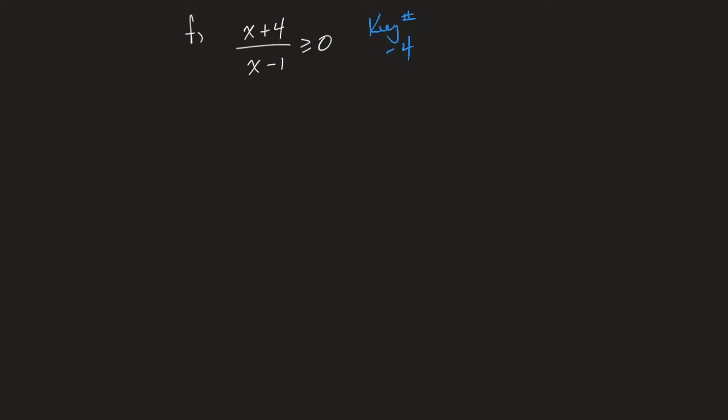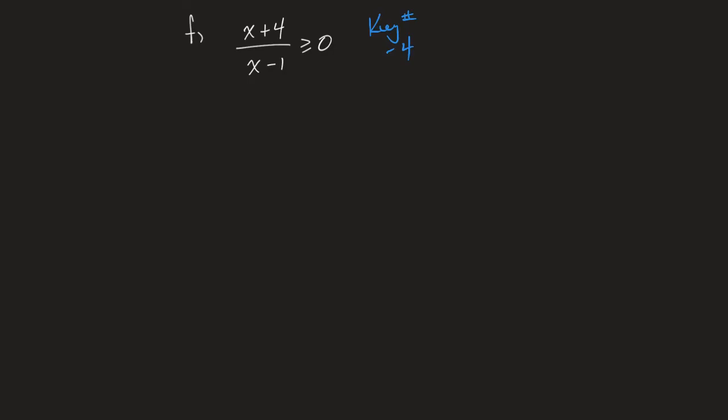If I go to either side of -4, my top changes signs. Notice if my x was -5, then my top is negative. But if my x is -3, then my top switches to positive. So -4 becomes an important value where we switch on the top.